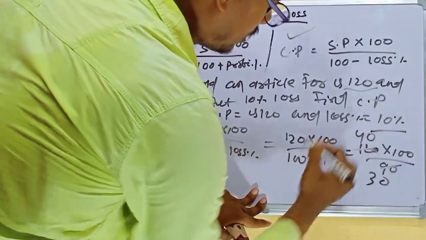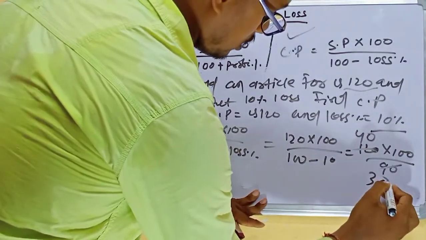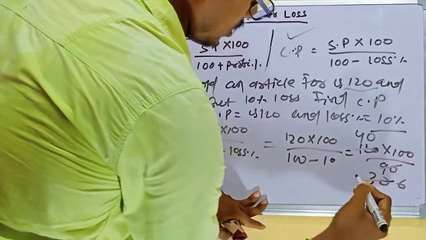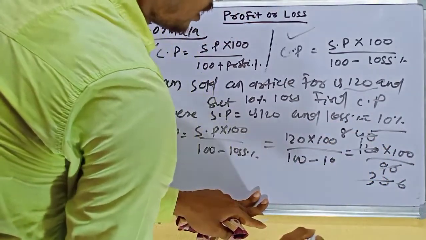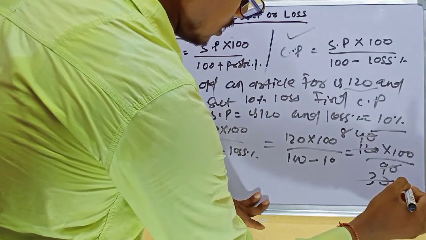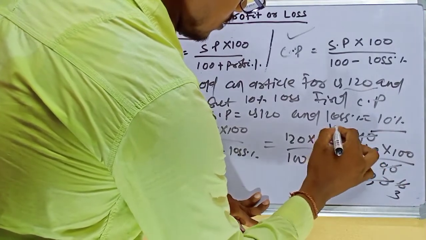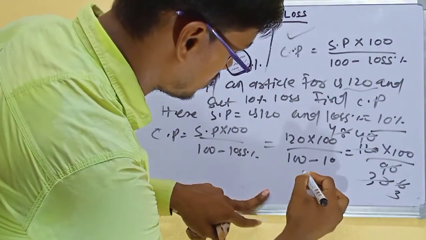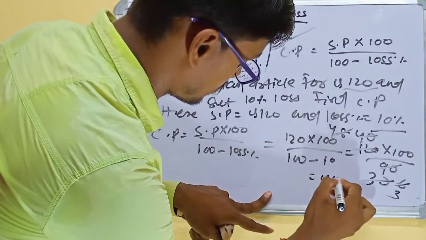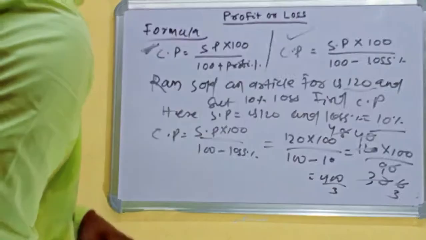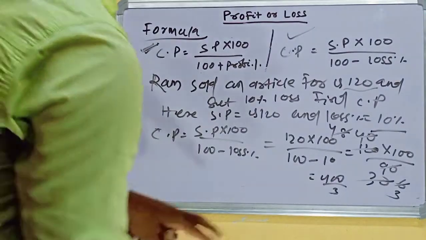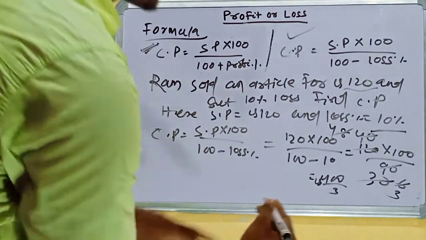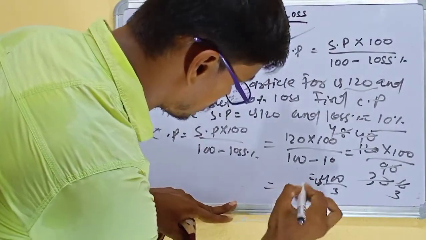Then 400 by 3. Here the CP is 400 by 3 rupees.